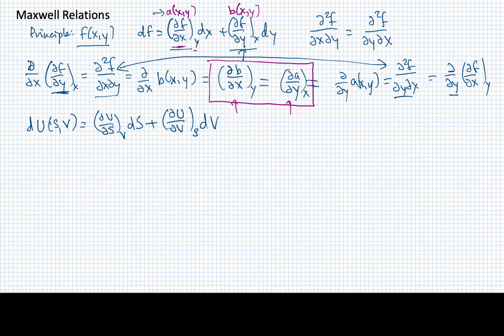But I also know that this particular function is T dS minus P dV. So I can immediately associate T with this derivative and P with this derivative.